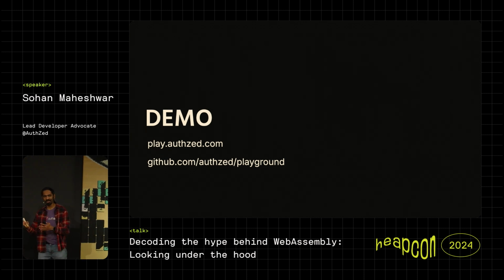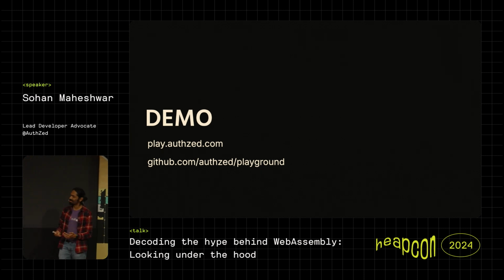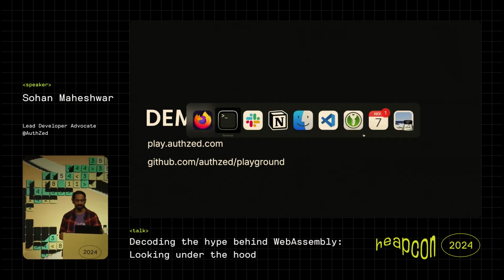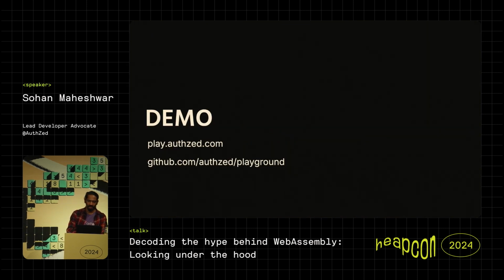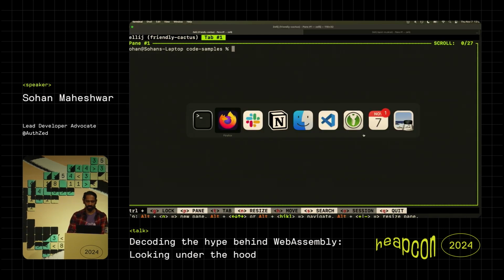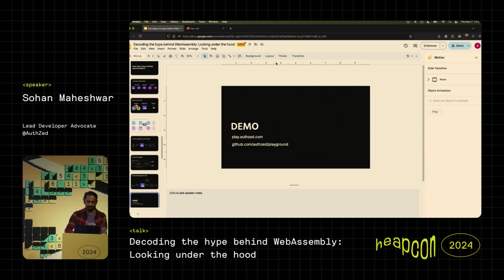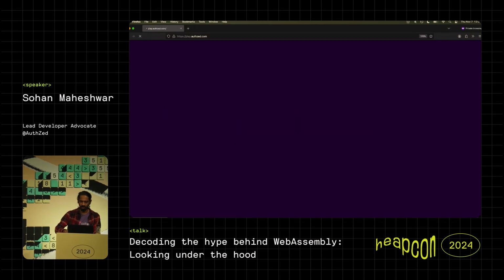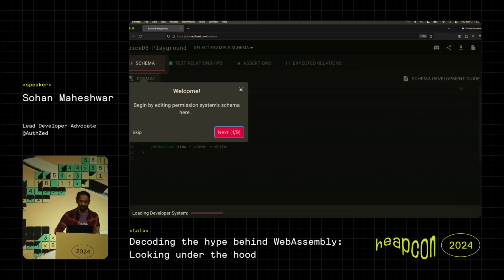There's not much of the WASM stuff that you can actually see, but I'll give you a sense of what it looks like. At OddSed, we have this thing called a playground schema. We essentially do permissions at scale. Right? And to test that out, we have a product. It's completely open source.